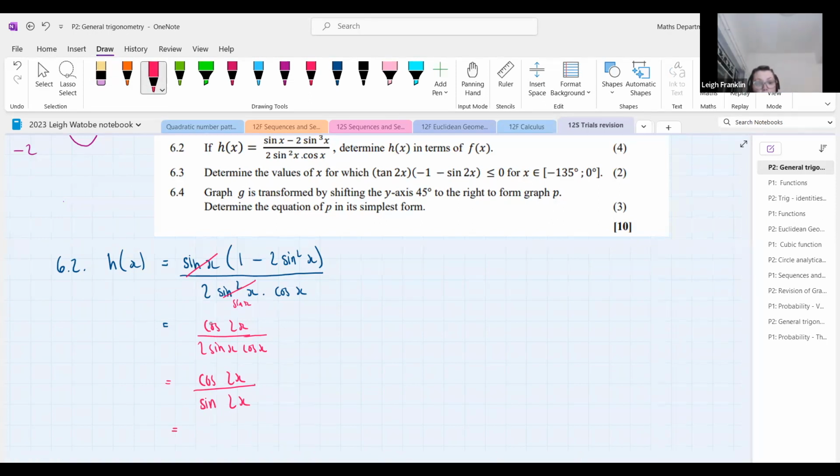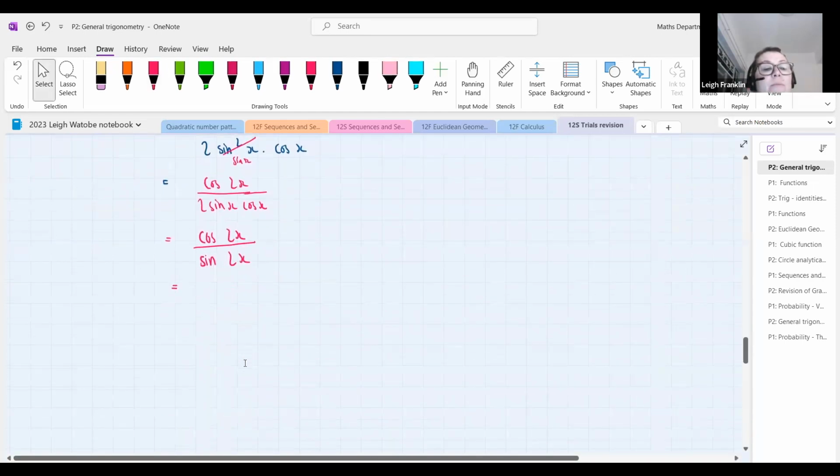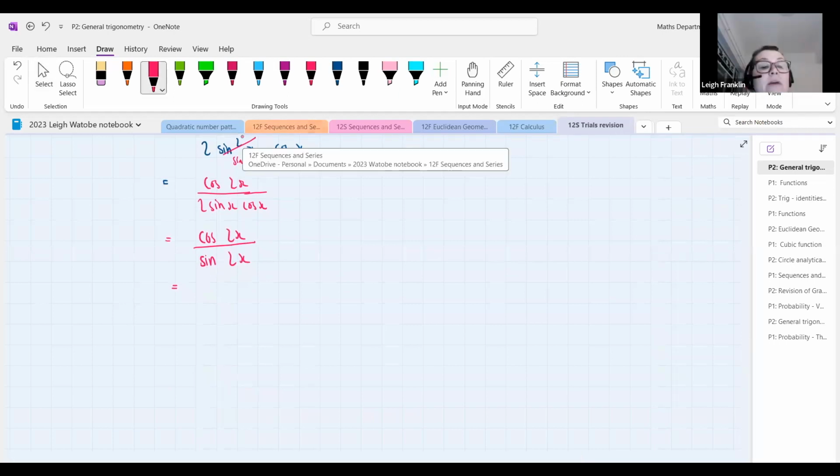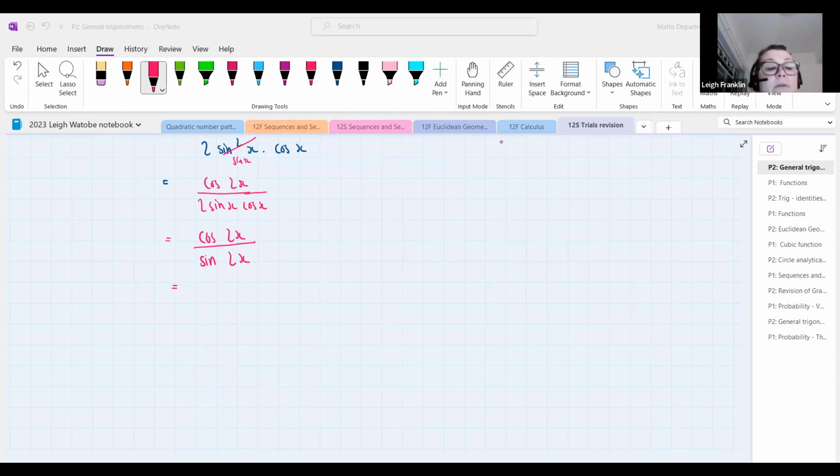Right. So what happens when we've got cos 2x over sine 2x? Remember, sine 2x over cos 2x is tan 2x. What do we have now? If we've got cos 2x over sine 2x, what does that give us? That's it, Kanyiso. Chad, very close. Good, Kanyiso. Well done. We have 1 over tan 2x.